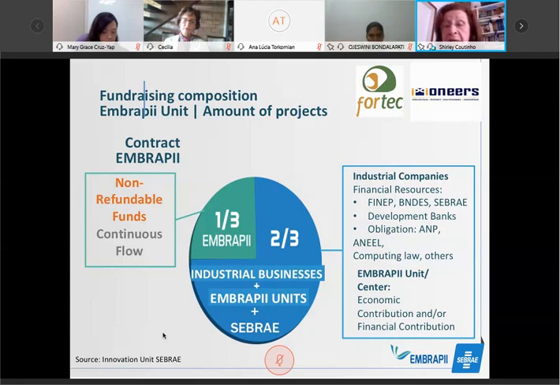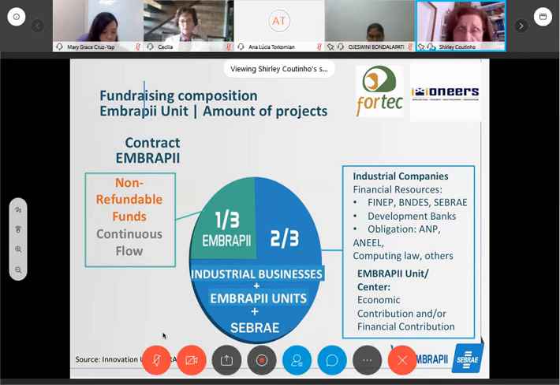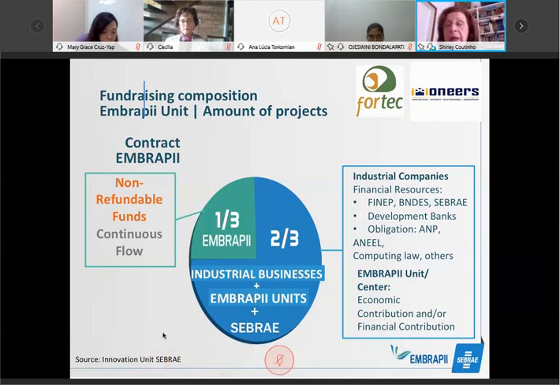Of the funds, one third comes from the government and one third from the industrial sector, and the university contributes the knowledge, which is not financial but economic. And so it makes the full investment.